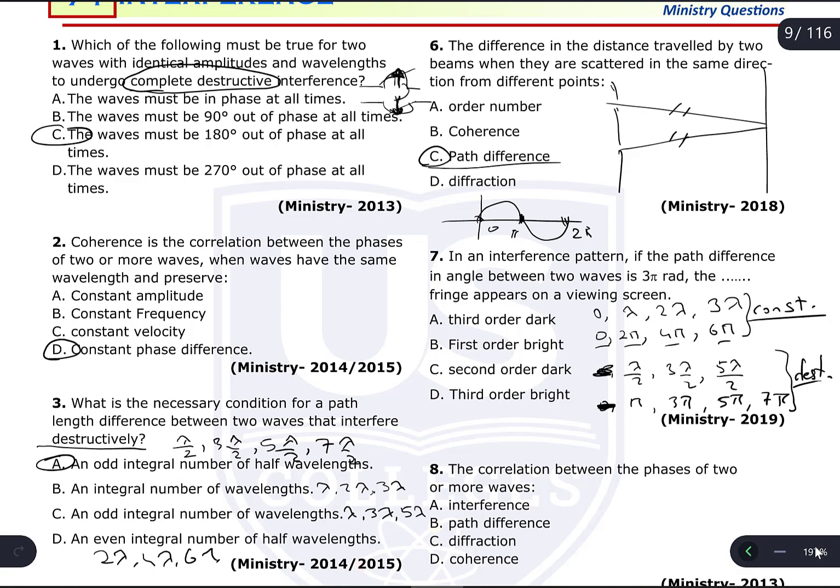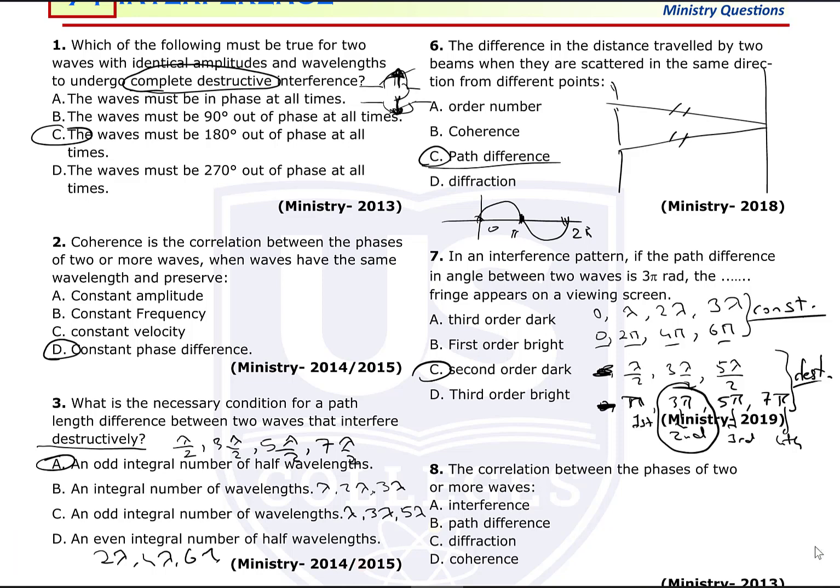The center is always bright. So pi is for the first dark, 3 pi is the second dark, 5 pi is the third dark, 7 pi the fourth dark, and so on. That's why 3 pi is the second dark. Instead of lambda, you write 2 pi, and you get the answer 3 pi.